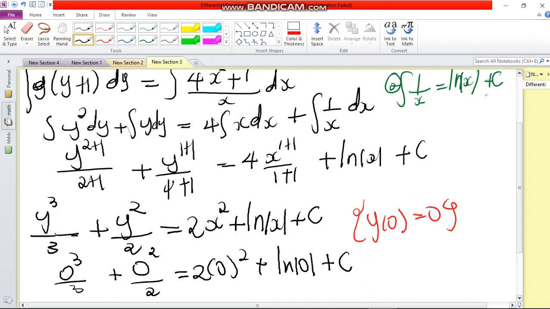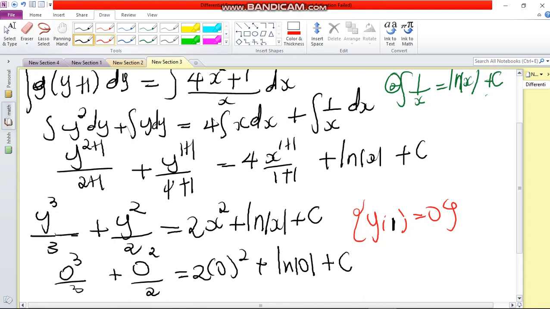Therefore, we don't have the ln of 0, so let me change to y of 1, because the ln of 0 is undefined. So the ln of 1, so I'm changing my x to 1.